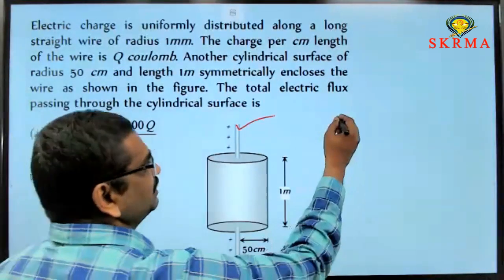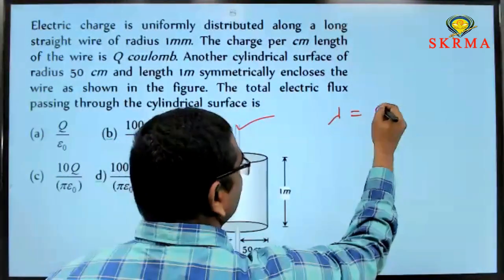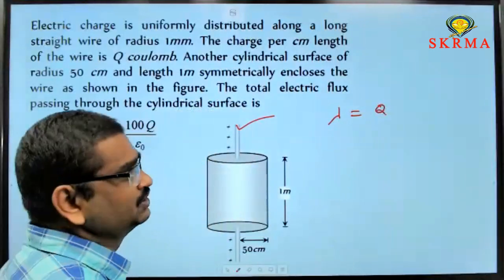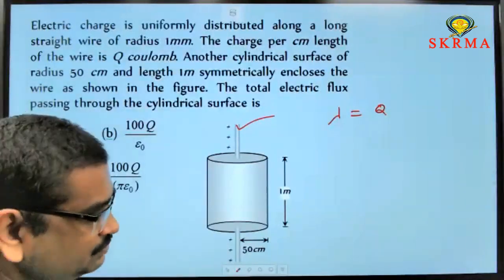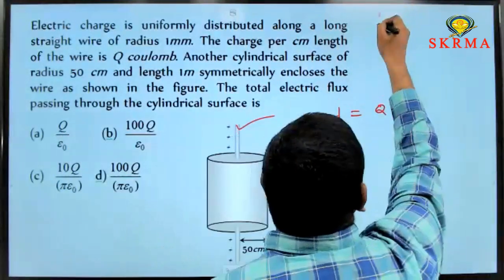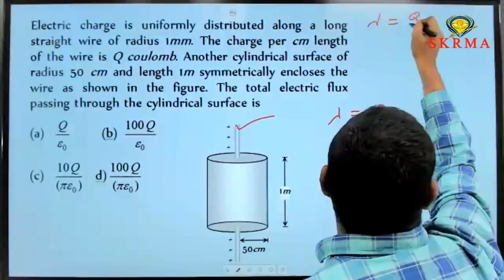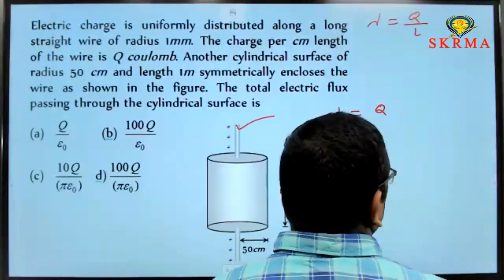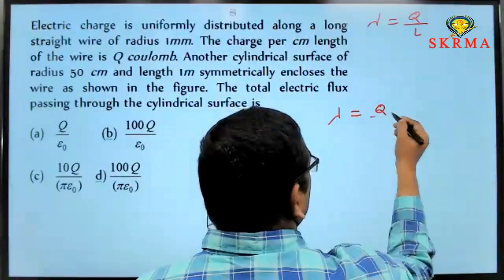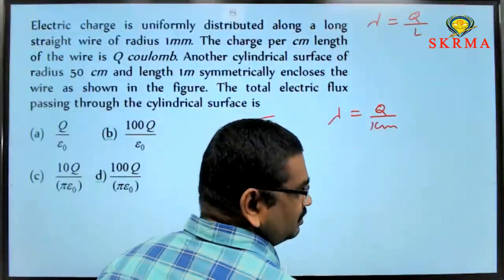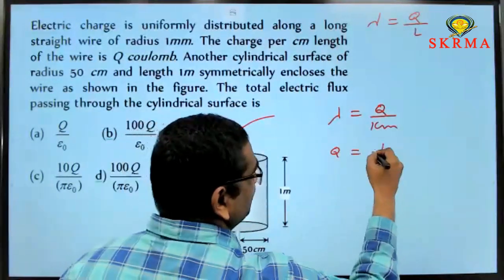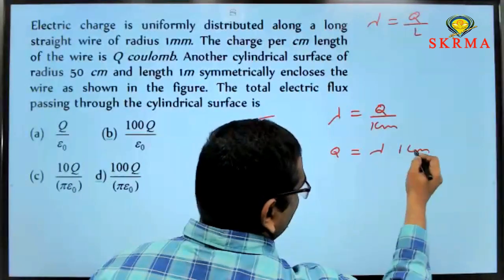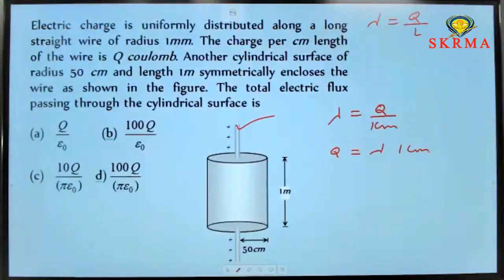That means lambda is given as Q. Lambda equals charge by length, so Q can be written as lambda into 1 centimeter. For each centimeter, the charge is Q.